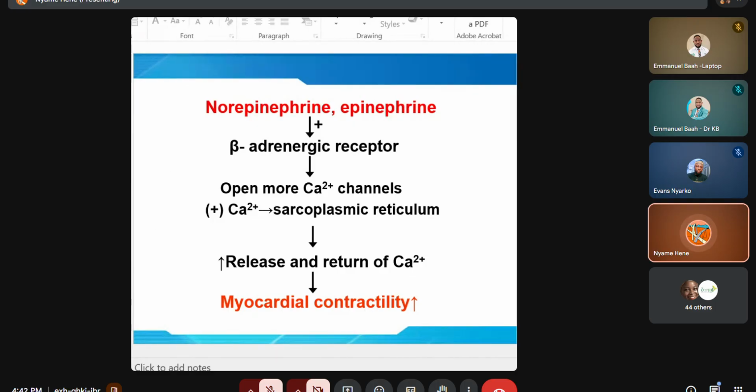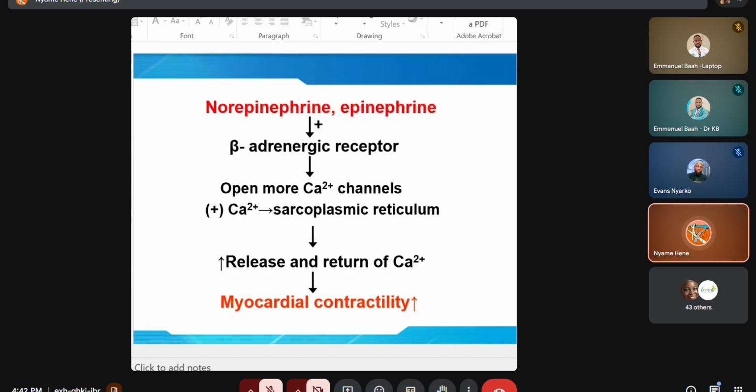That is why we also have a drug we call calcium channel blockers. Calcium helps in contractility. Whenever calcium comes to the heart, it comes to help with the heart contractility. So the norepinephrine and the epinephrine go to stimulate calcium channels. That is why we have drugs like nifedipine and amlodipine, which we call calcium channel blockers.